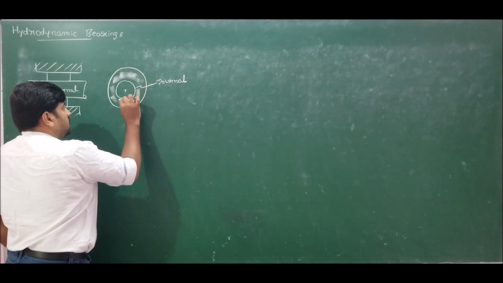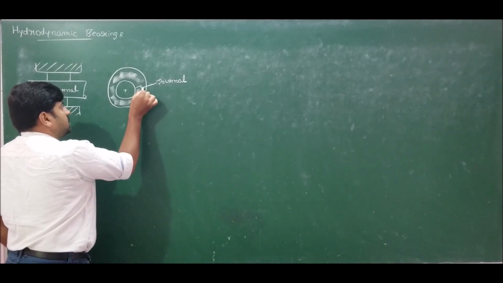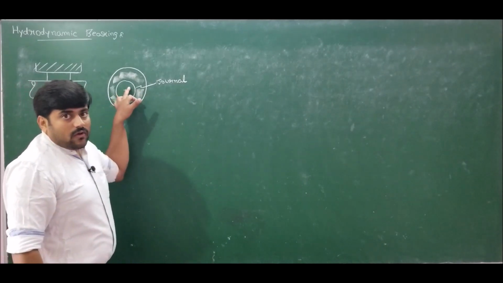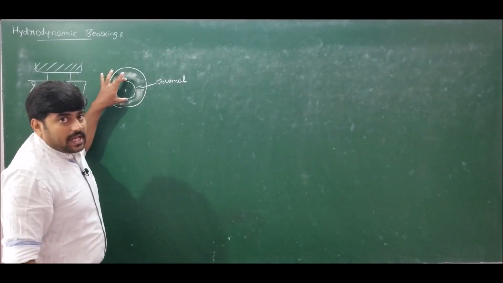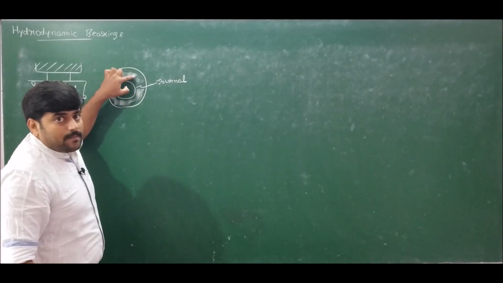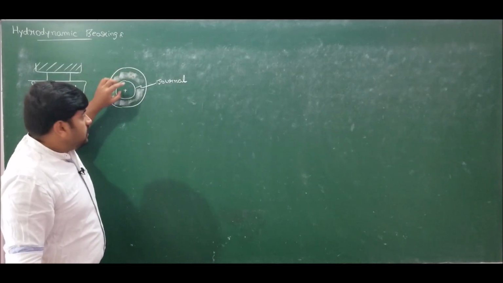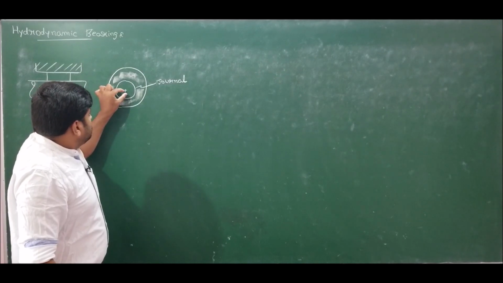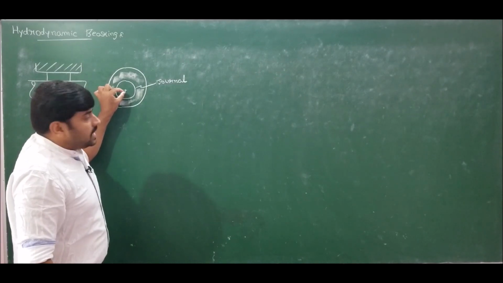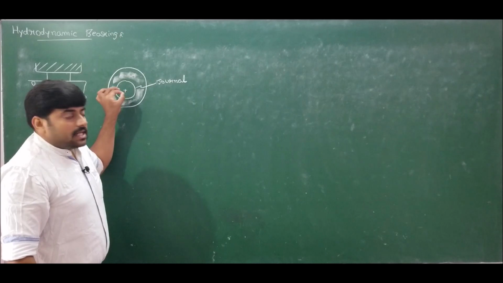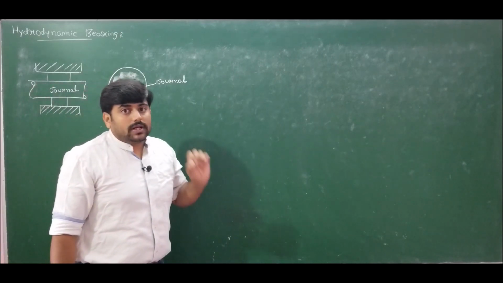So the hydrodynamic bearings in which the load acting on the journal is very small, the speed of the journal is very high, the viscosity of the lubricant is very high, and the eccentricity produced between the journal and bearing can be neglected, such bearings are termed as lightly loaded bearings.